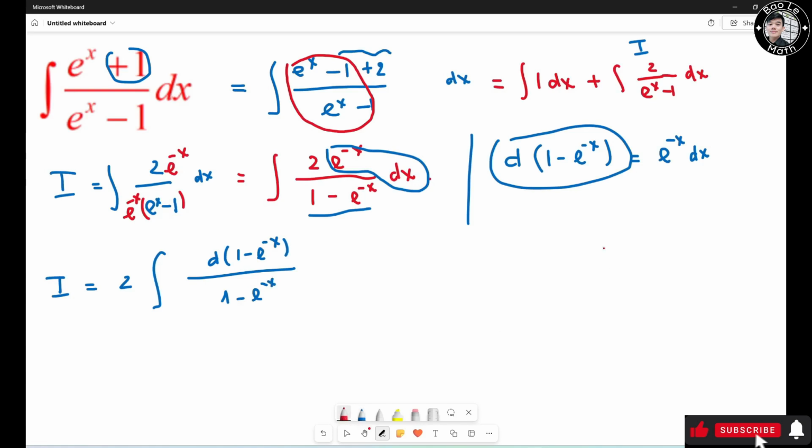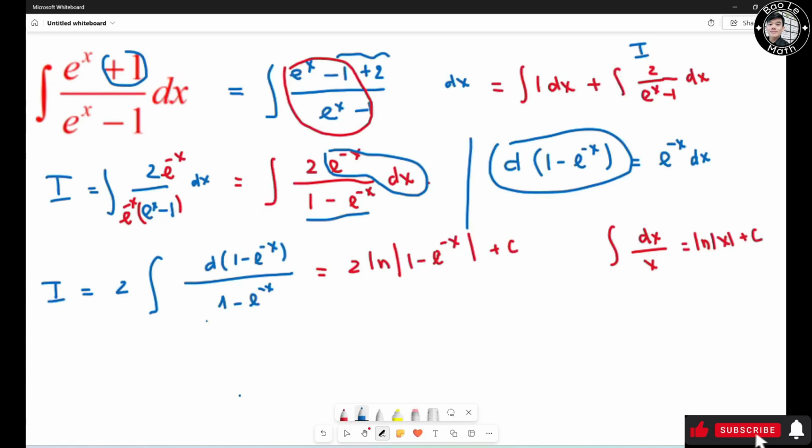Now, I know that the integral of ds over s is natural log of absolute value of s plus c, right? So this becomes 2 times natural log of absolute value of 1 minus e to the negative s plus c.